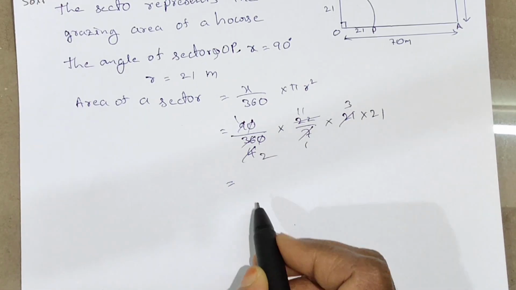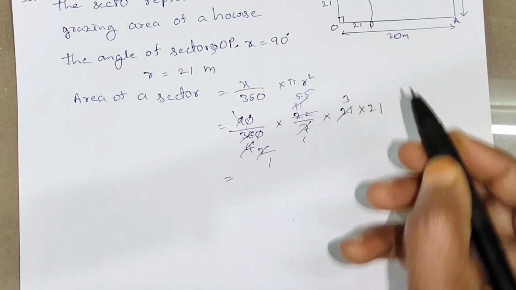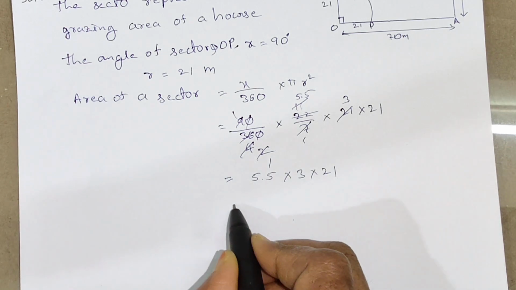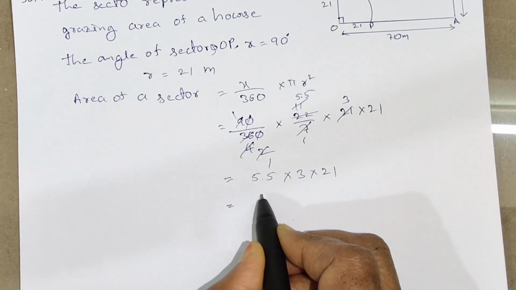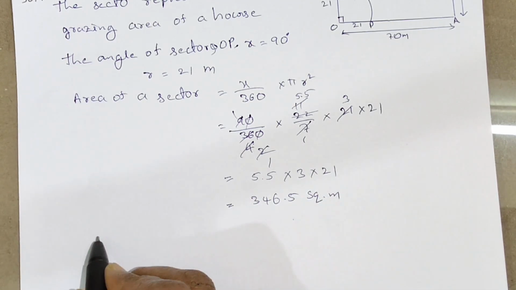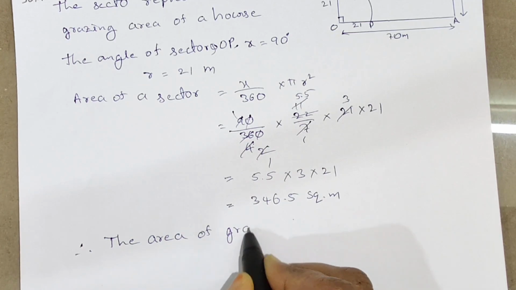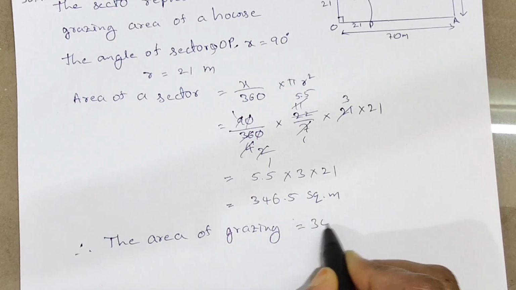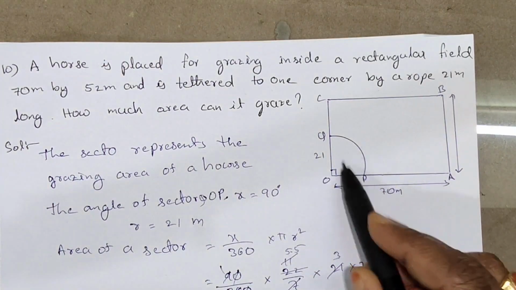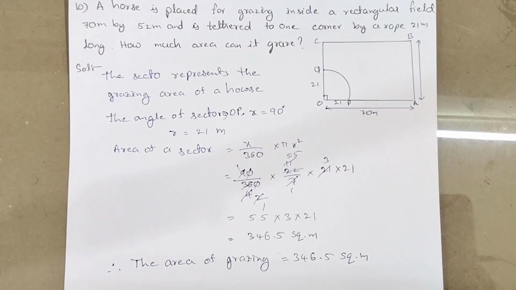Next 2 1s are 2, 5.5. So 5.5 into 3 into 21. Multiplying these numbers gives 346.5 square meters. Therefore the area of grazing is equal to 346.5 square meters. This is the complete answer of this question.